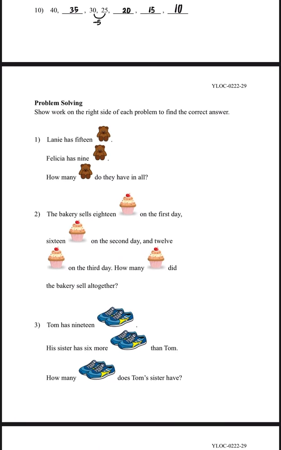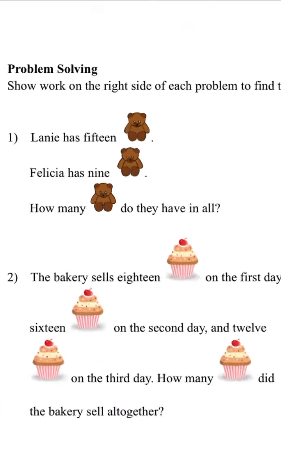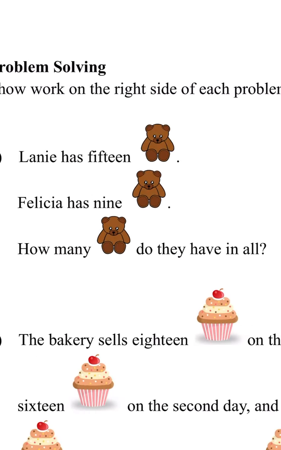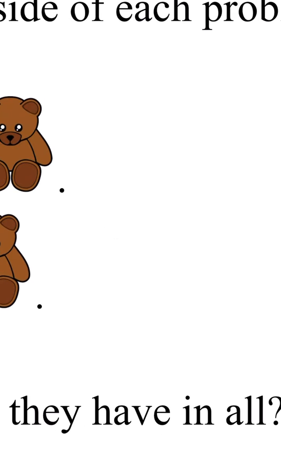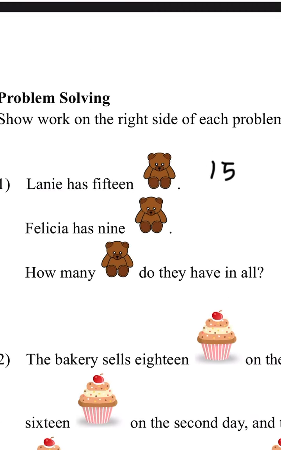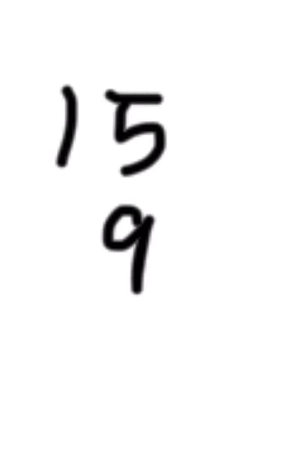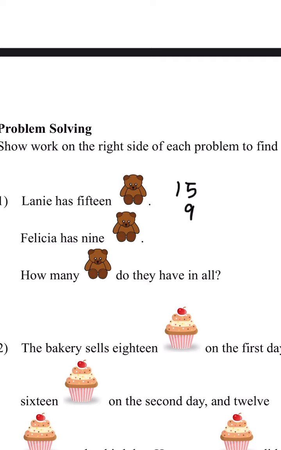So for this page, we have problem solving. So we need to show work on the right side of each problem to find the correct answer. So Lenny has 15 and Felicia has 9. So how many teddy bears do they have in all?